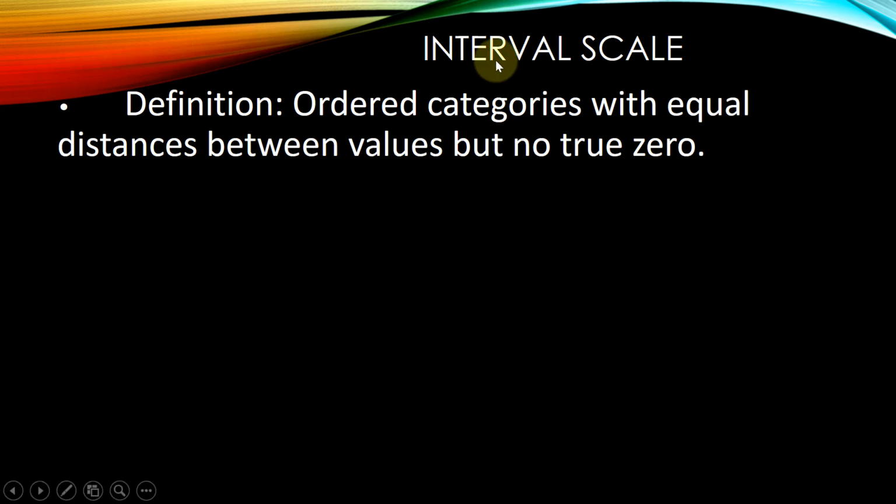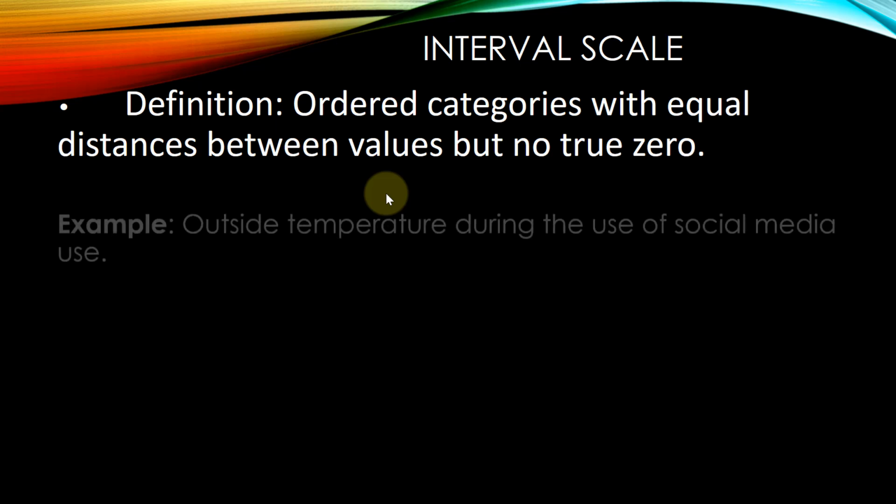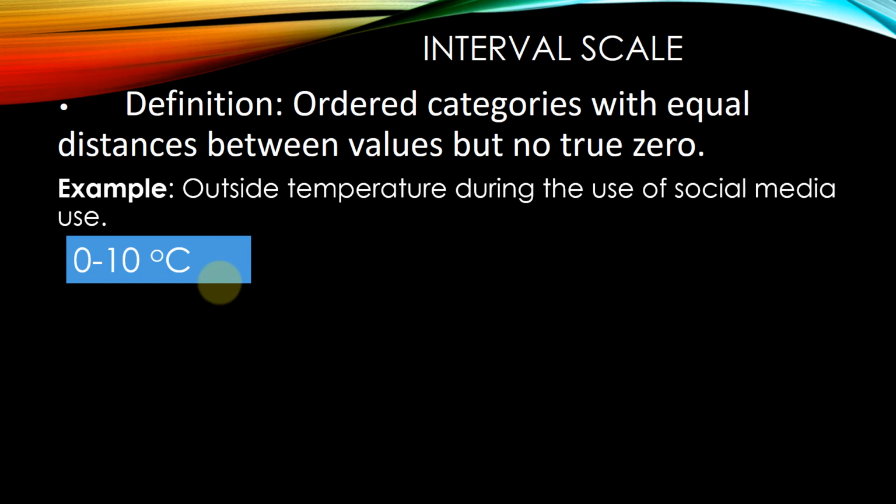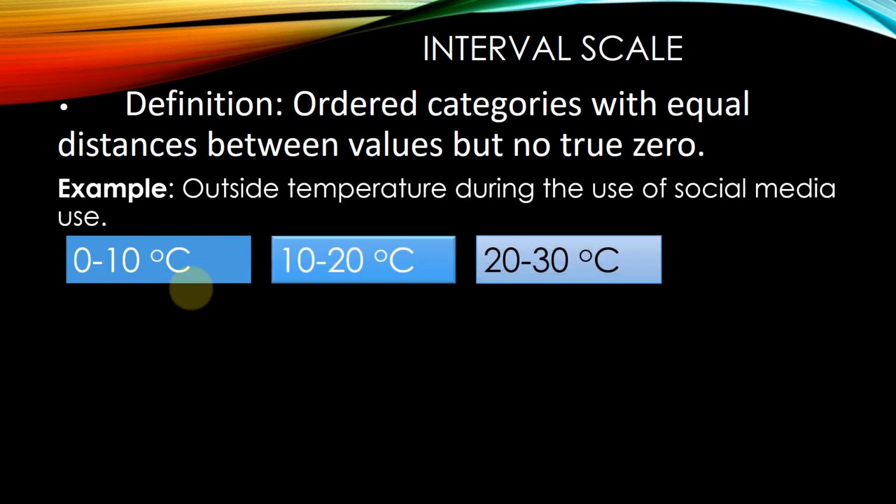Next up is interval scale. Interval scale categorizes data with equal distances between values but no true zero. In this variable, there is no true zero. For example, the outside temperature during the use of social media, and the responses were the categories 0 to 10 degrees, 10 to 20 degrees, 20 to 30 degrees, and greater than 30 degrees.